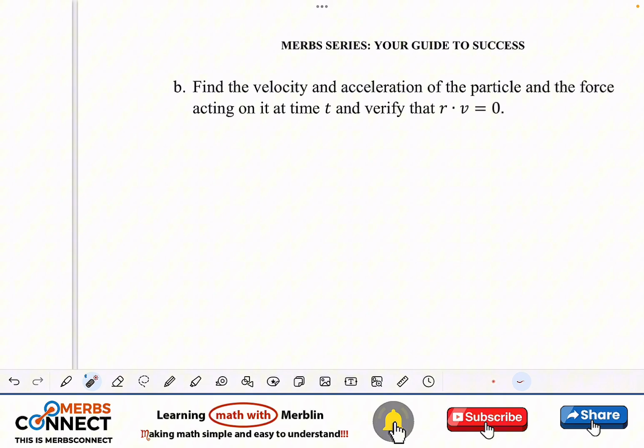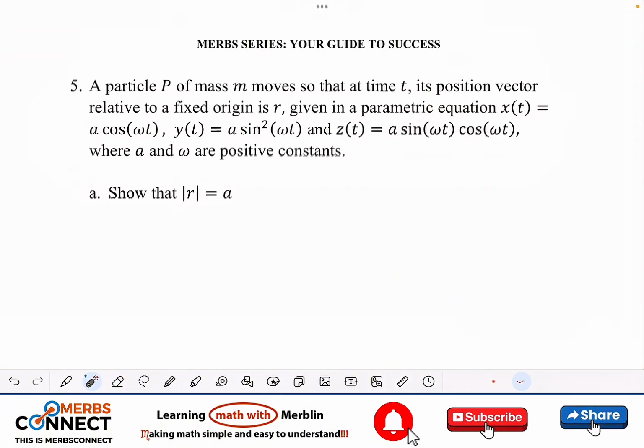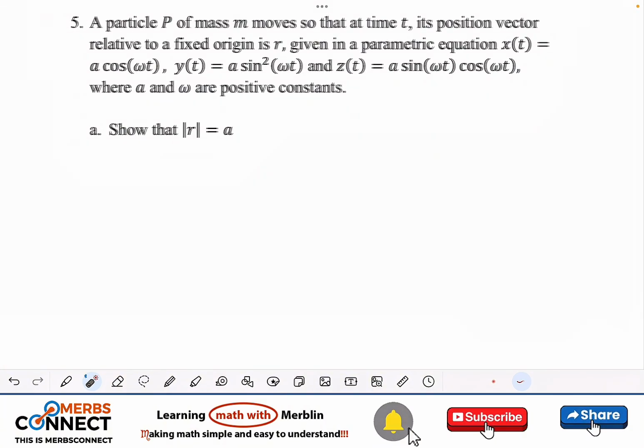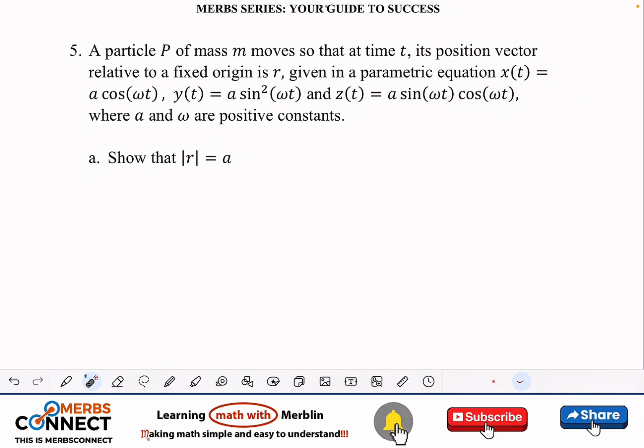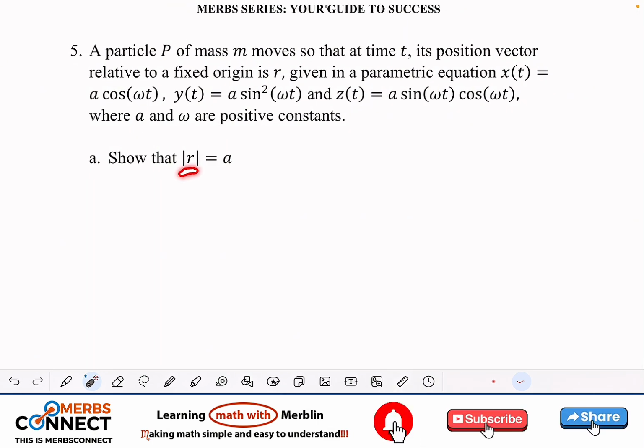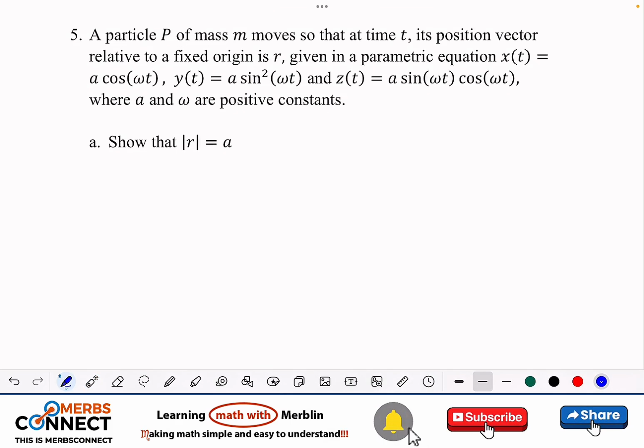Let's solve the last question, which is question 5, then we are done with this video. We want to show that when I find the magnitude of r, I'm going to get a. So first, let's form r. This is having 3 directions.